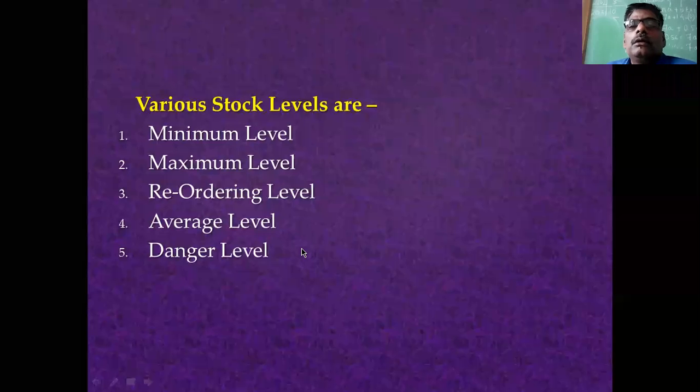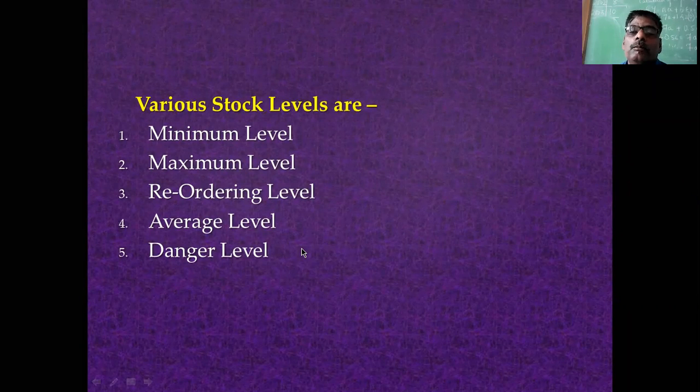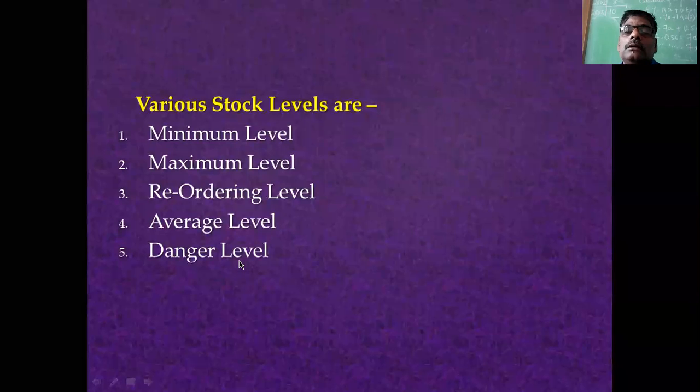If your store goes below this, there is a stoppage of production. There is a danger to the production department, a breakdown to the production. So it is a danger level. These are the levels you have to fix well in advance, with discussion with the purchase manager, production manager, and stores manager.